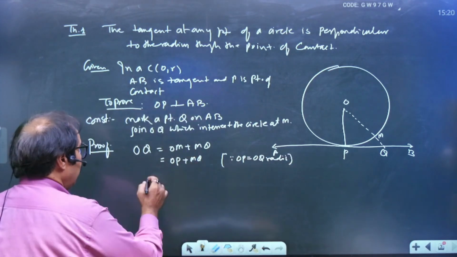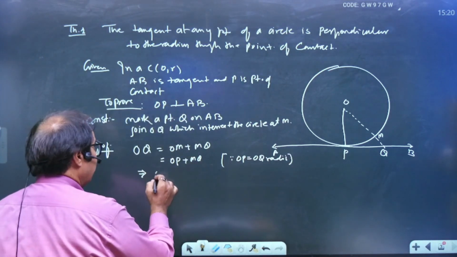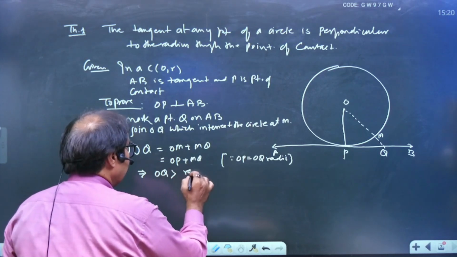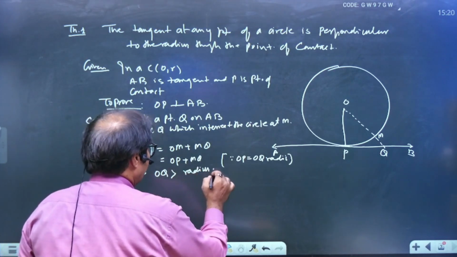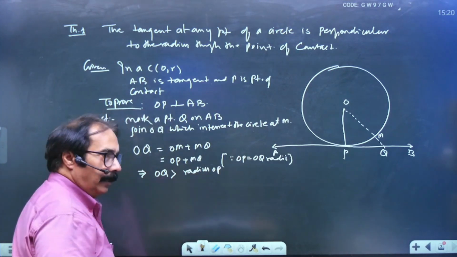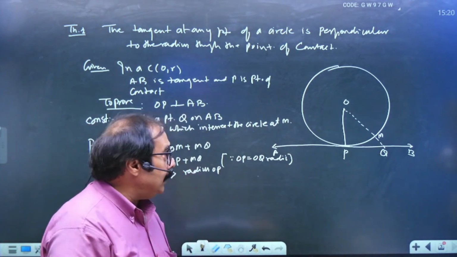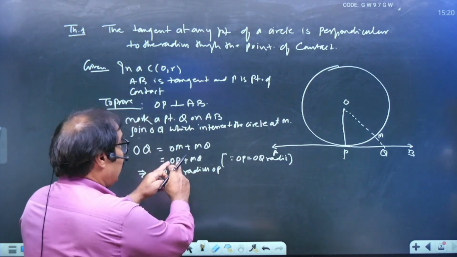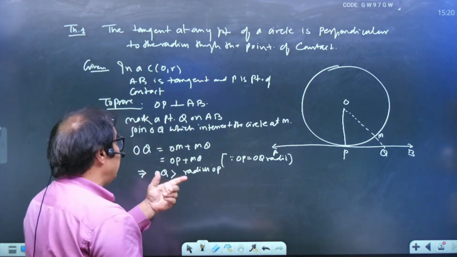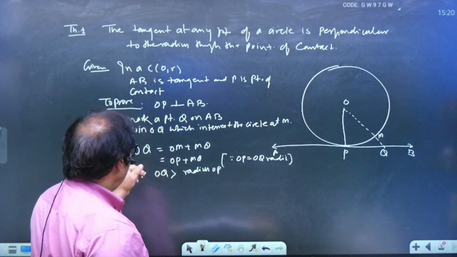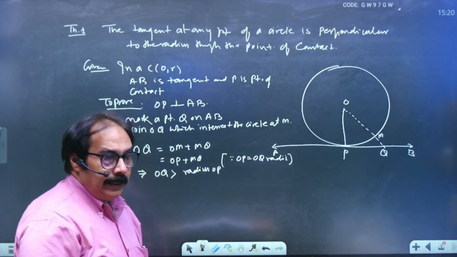So this implies that OQ is greater than the radius OP, because OP is the radius and now MQ is added.